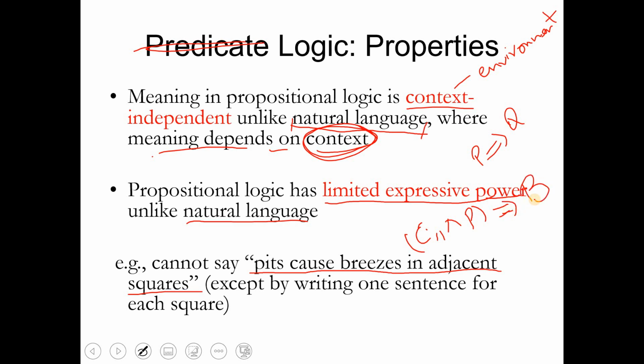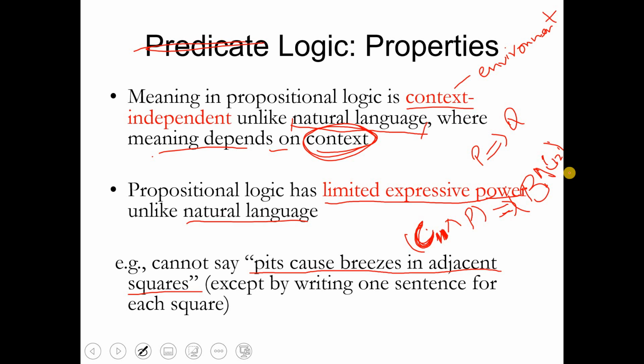B is the breeze, P means the pit, the hole, and C11 means the cell. So if the C11 cell has a pit, then its neighboring cell has a breeze. So you will over here also write the neighboring cell name, which is maybe C12. So it's not easy to define these things in this language.